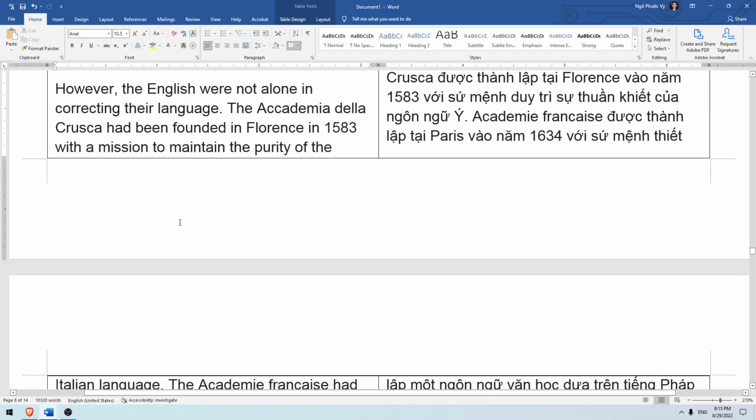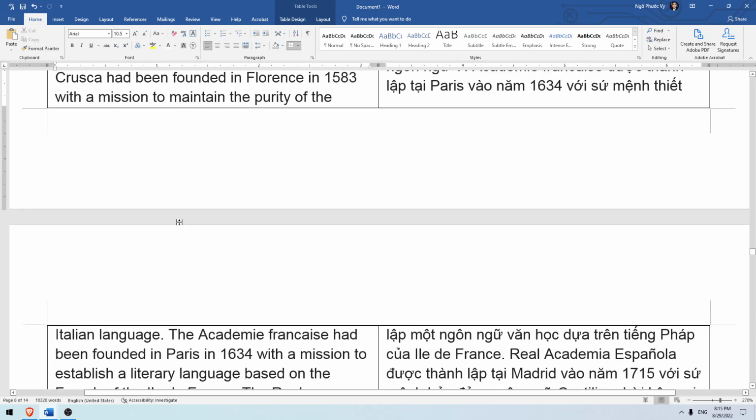The Accademia della Crusca had been founded in Florence in 1583 with a mission to maintain the purity of the Italian language.